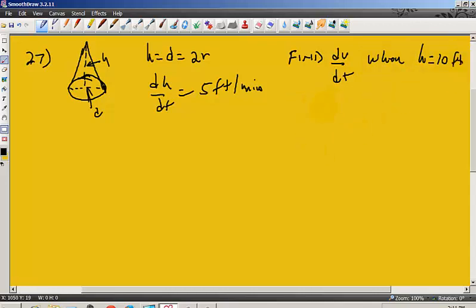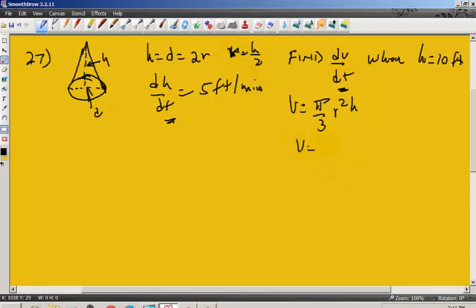Okay, so same problem all over again. Volume is equal to pi over 3 r squared h. I have dv dt, dh dt, and h, so get rid of the r. So r is equal to h over 2.